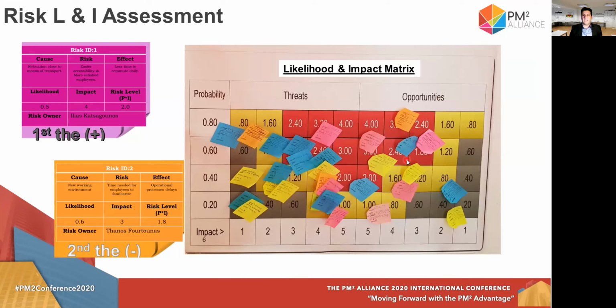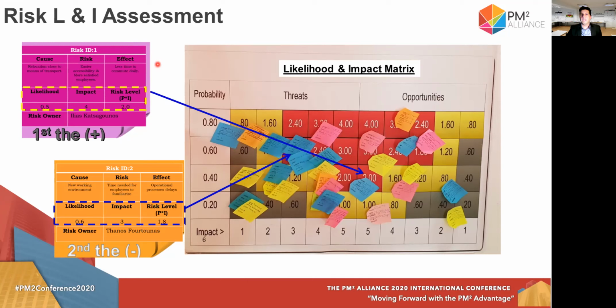Well, you ask the team members. Here is the post-it about the risk, technical risk. So you are reading the risk to the team, and you are asking them for an estimation for probability, for likelihood and impact.